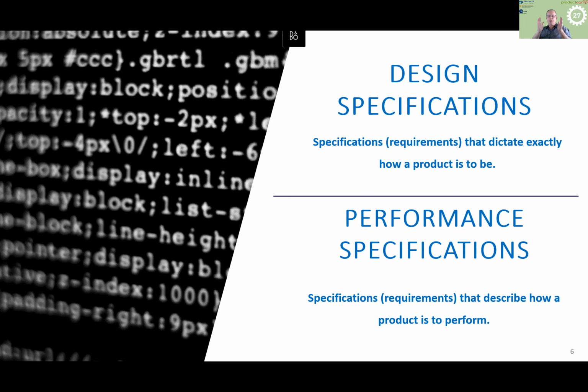They define a certain shape or color or form, something very specific, and most of the time it's because the product needs to be purpose built, or in an appliance, or certain software pieces I'll talk about later. A performance spec is more along the lines of: here's how I'd like the product to perform, or how the product benefits the customer.